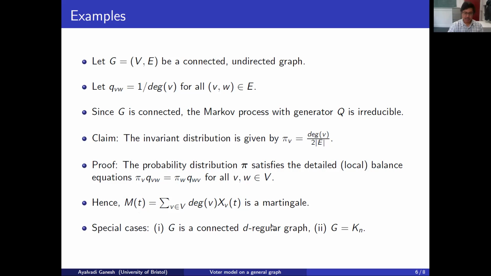And we saw one particular example of this. We saw that on the complete graph, counting the number of ones is a martingale. And that's indeed a regular graph where every vertex has degree n-1, since it has an edge to every other vertex. Okay, so this picks up the Voter model on the complete graph as a special case, as it should.